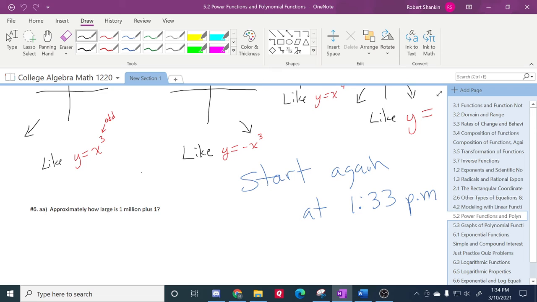A million and one. That's the common response, because we can easily add these two together and get 1,000,001. But suppose it was like this. There's a certain city that has 1,000,000 people in it.